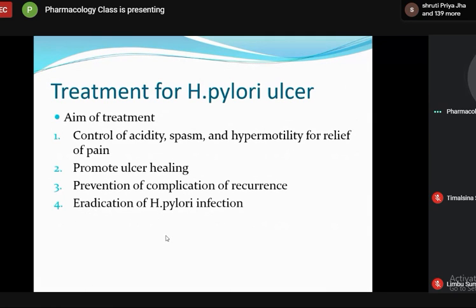The aim of this treatment is to control the acidity, spasm, and hypermotility for the relief of pain, and then promote ulcer healing, prevention of complications or recurrence, and eradication of H. pylori infection.